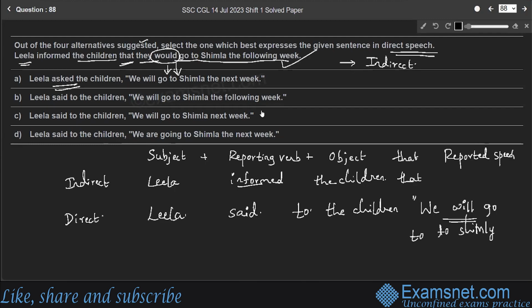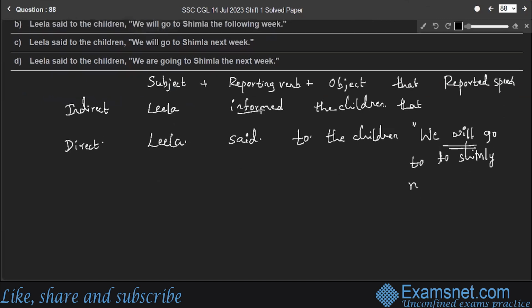The following week means next week. Therefore, the direct speech of the given sentence will be, Leela said to the children, we will go to Shimla next week. Here the reported speech, we will go to Shimla next week, is in simple future tense.